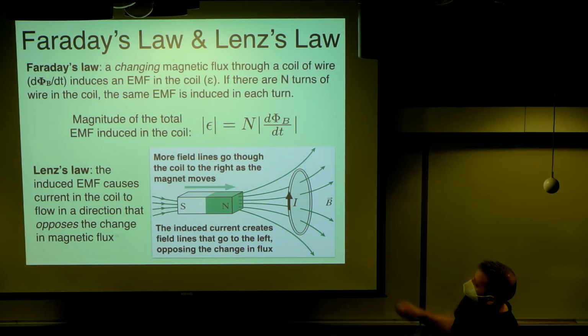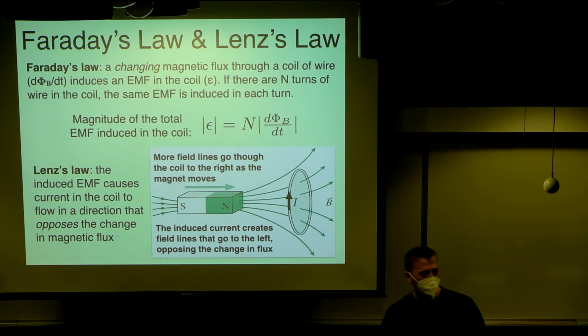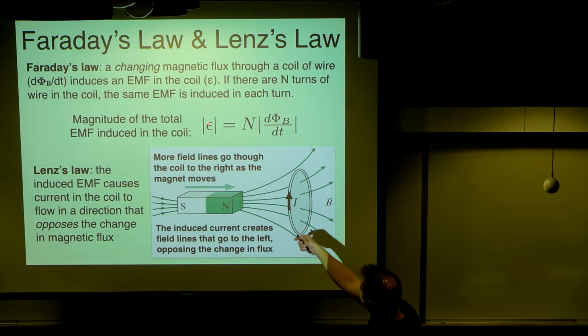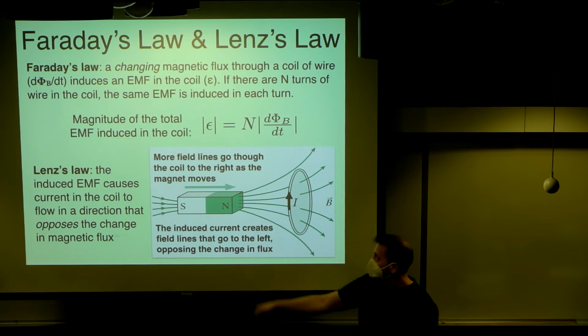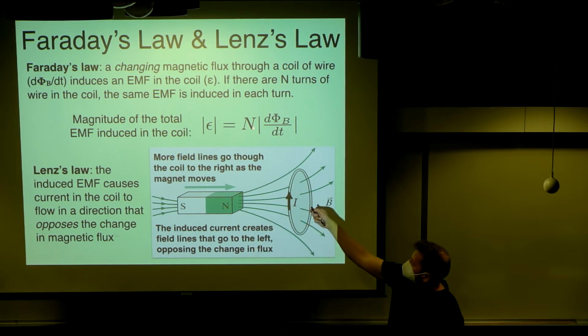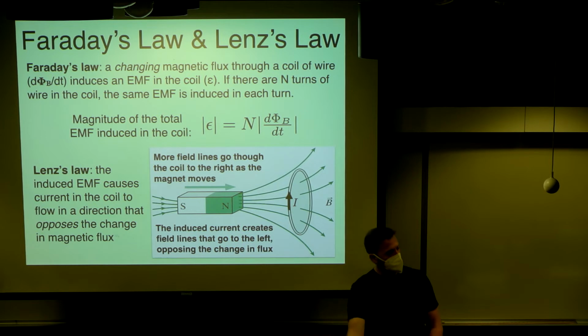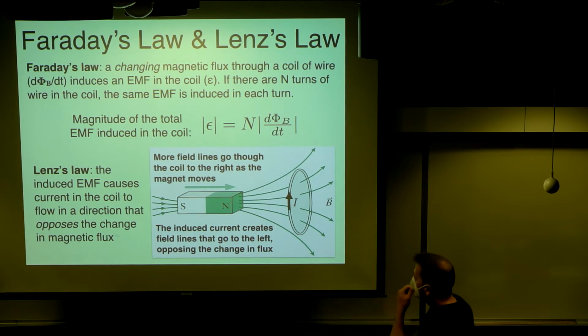So the total EMF induced in a coil is given by this. This is Faraday's law, probably in the simplest form you could write it. There's different ways you can write it, but this is the most compact way to do it. This says the magnitude of the EMF, so we're not worrying about the sign, we're taking the absolute value here, just keep that in mind, is equal to N, remember, that's how many turns of wire are in the coil, times what?